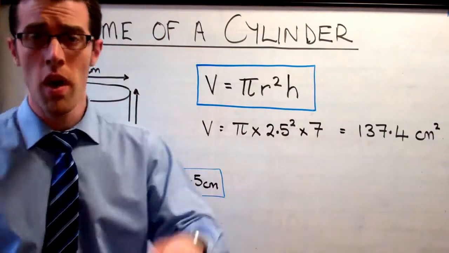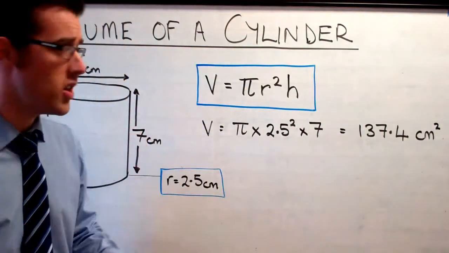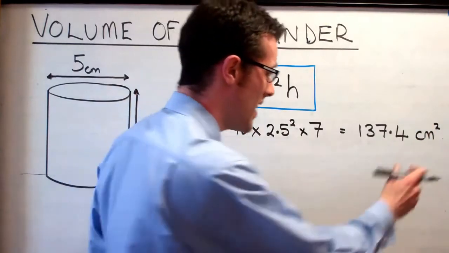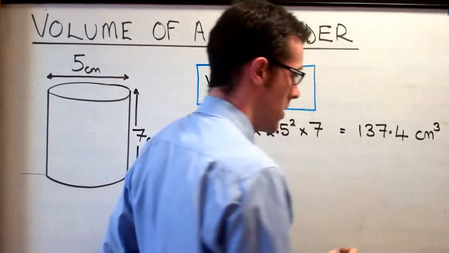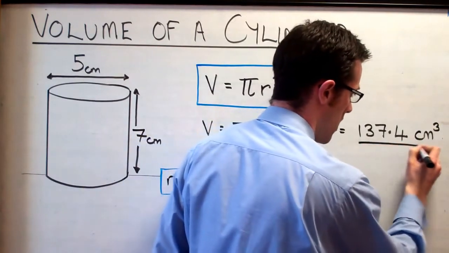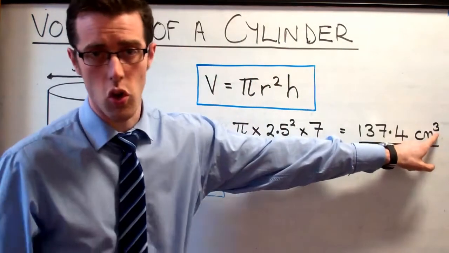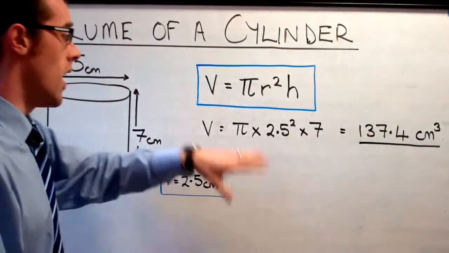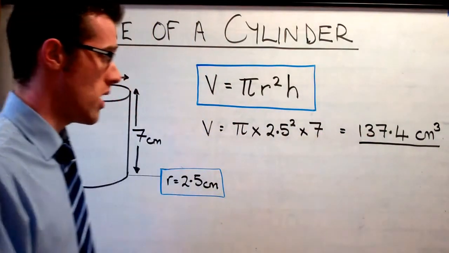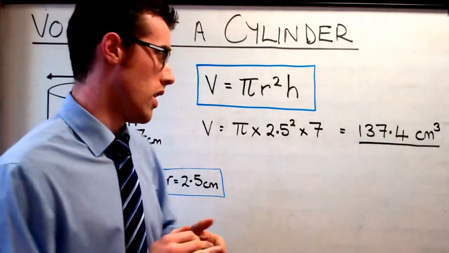For volume, the space inside a 3D object, we don't use centimetres squared either, we use centimetres cubed. So cubed, a little 3 at the top, okay? And that signifies that it's cubic centimetres and it's the space inside the shape, and it's not an area and it's not a length, okay?